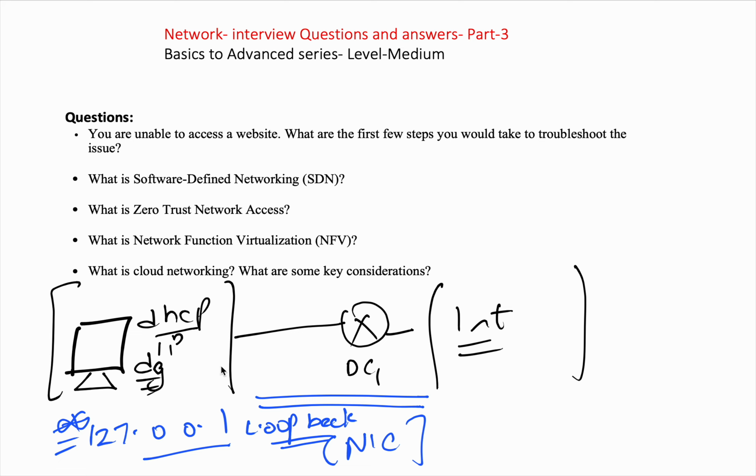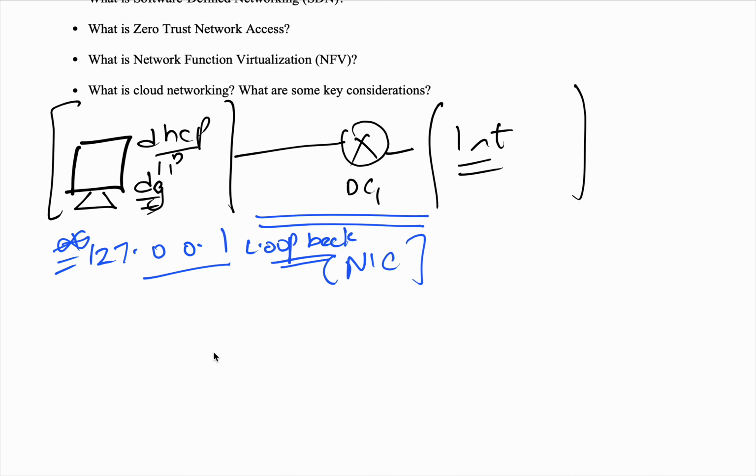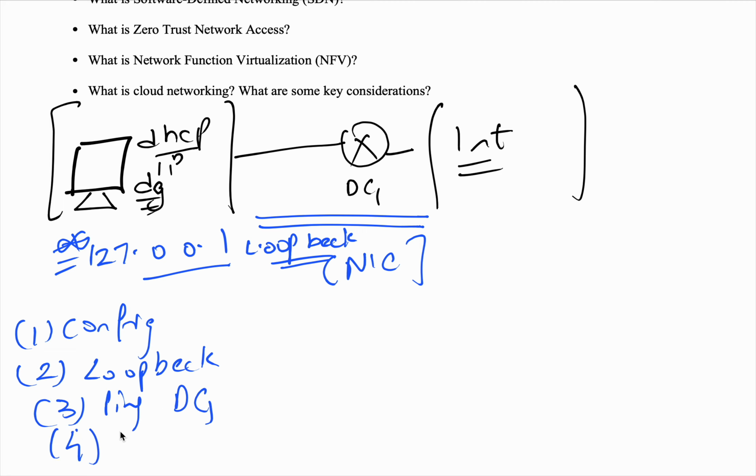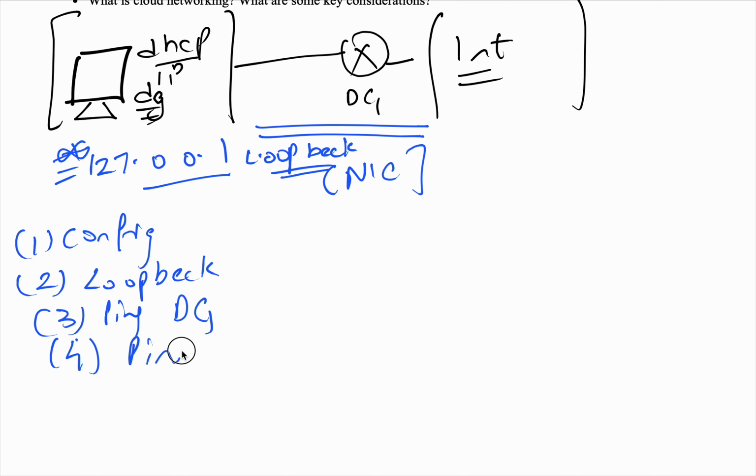Then you try to ping your default gateway to check if you are able to reach the server or not. So I'll write here in this fashion. First one is config. Second one is loopback. Then you ping default gateway. Then you ping a known IP.